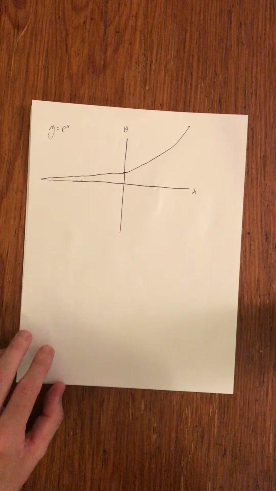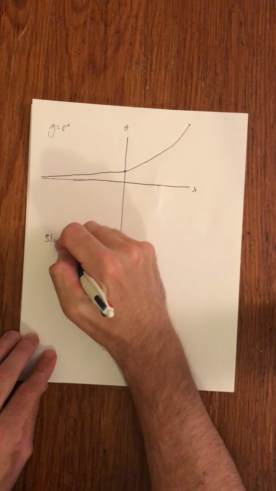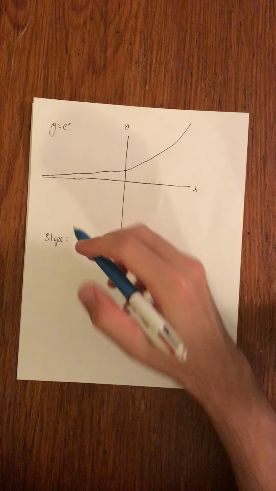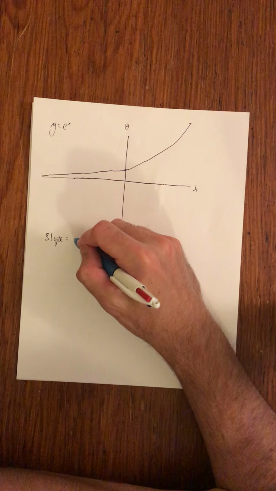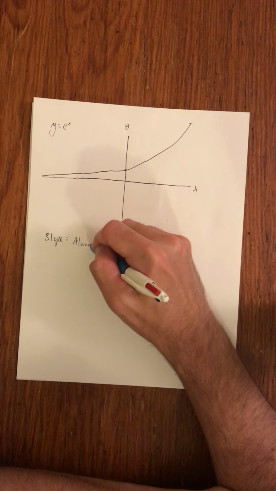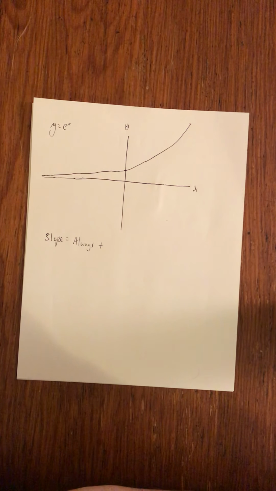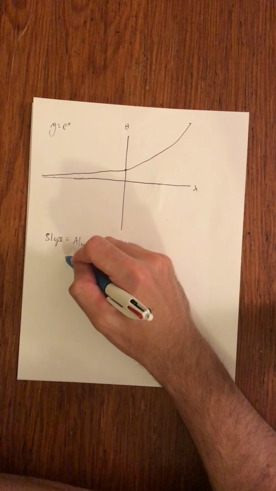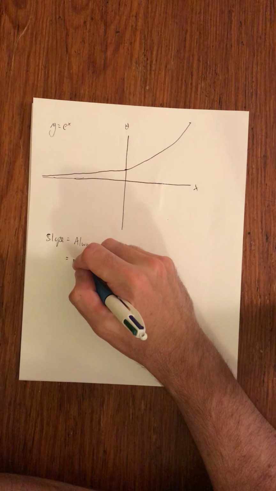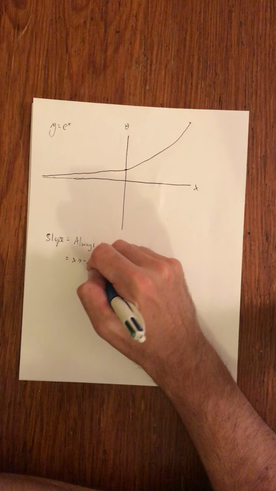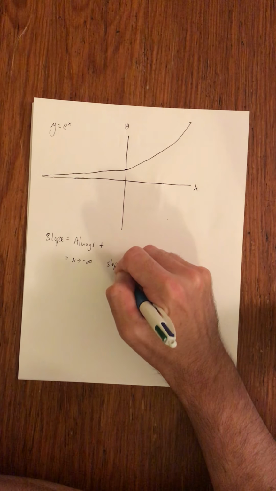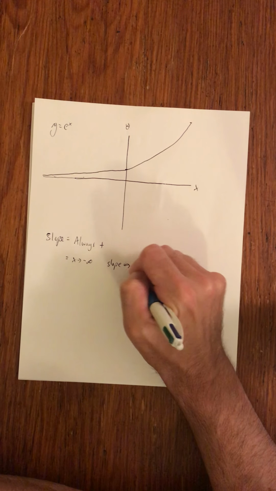Boom. So now let's talk about the slope of that function. The first thing we can see about that slope is that it is always positive. What else can I say about that slope? As x approaches negative infinity, the slope trends to 0.